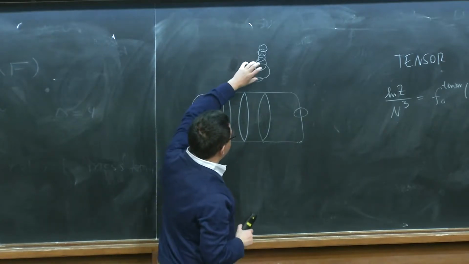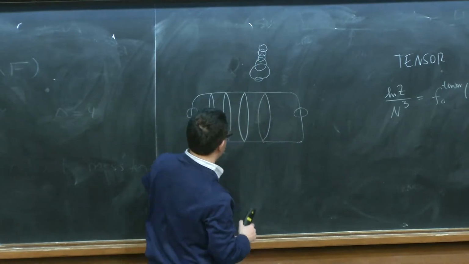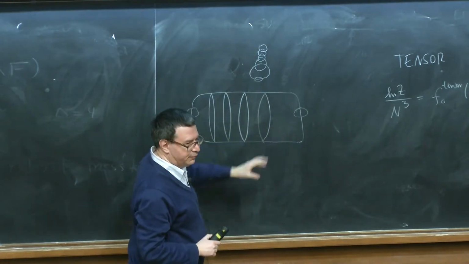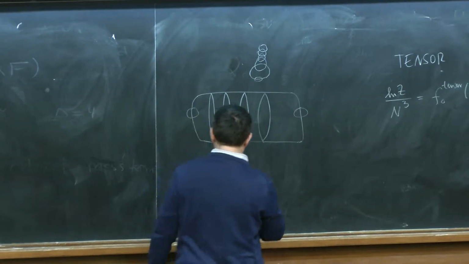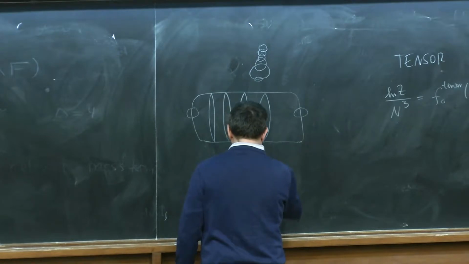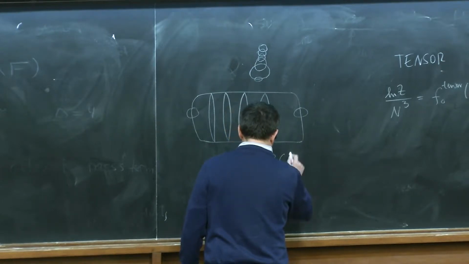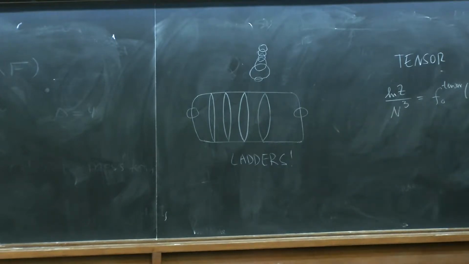Right, so you can, on the one hand, just think about melonic insertions in these internal propagator lines, or you can think of it as a ladder. So that's one thing you realize, that melonic graphs are ladder-like. Ladders, and ladders we tend to know how to sum, right?